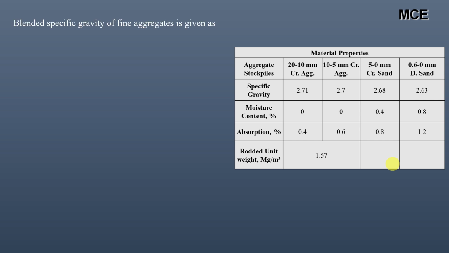So the blended specific gravity of fine aggregates is 1 divided by 0.5 divided by 2.68, which is the specific gravity for 5 to 0 mm, plus 0.5 divided by 2.63, which is the specific gravity of 0.6 to 0 mm. So the blended specific gravity for fine aggregates is 2.655.